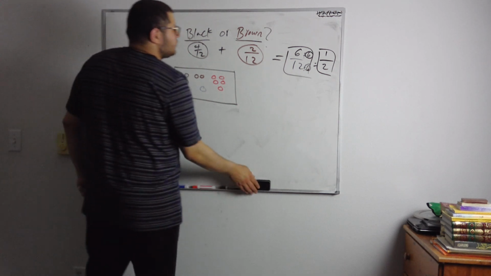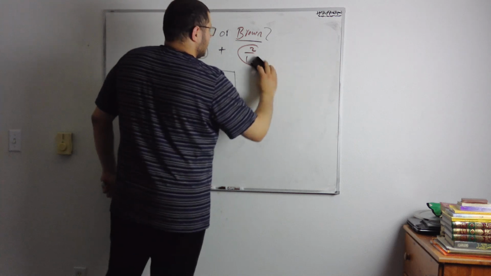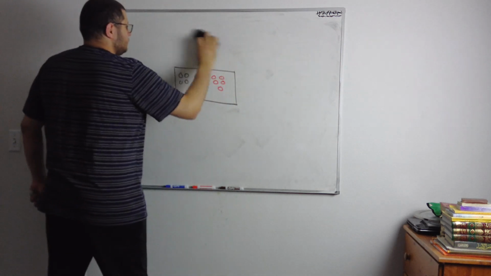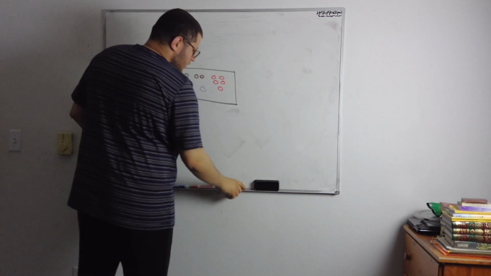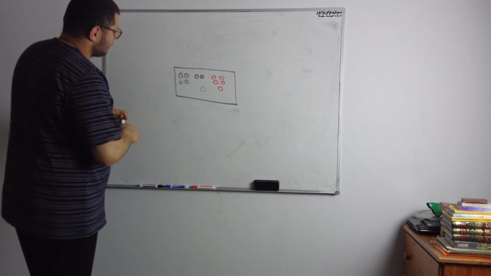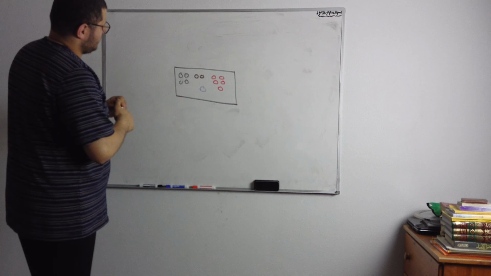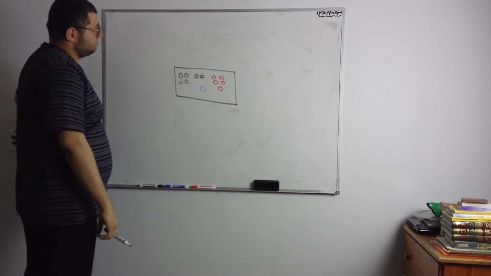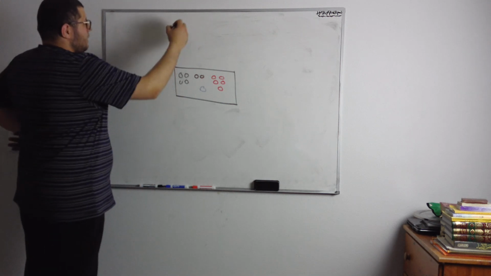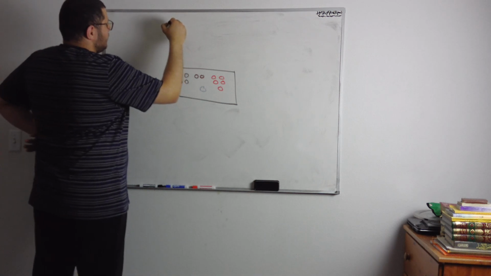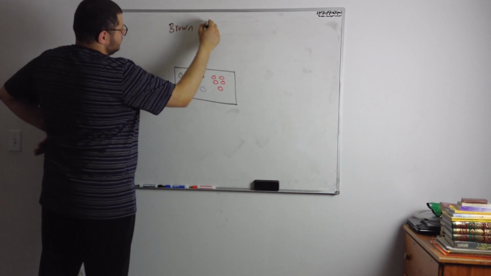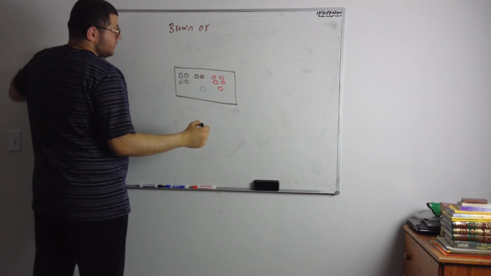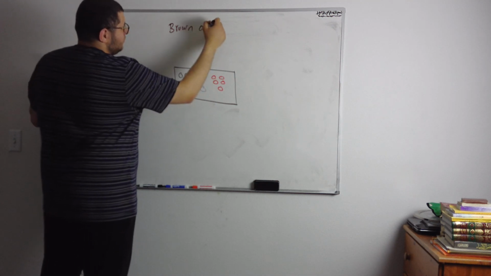All right? Now let's try a different example. How to find the probability that I'm gonna randomly pick a brown or blue.